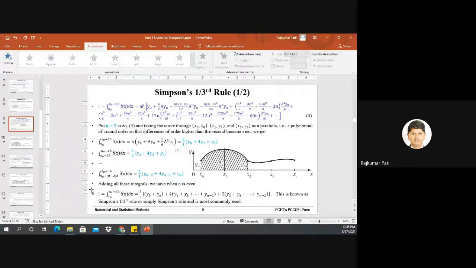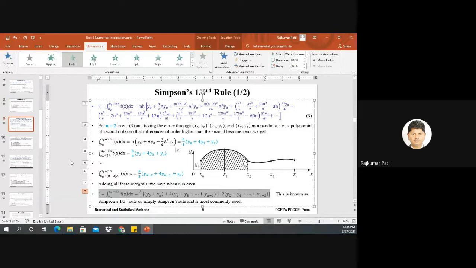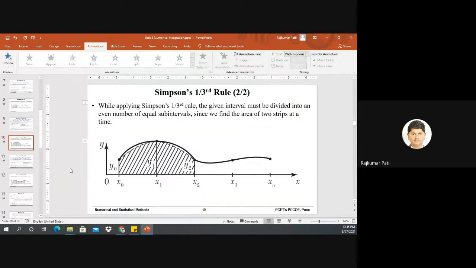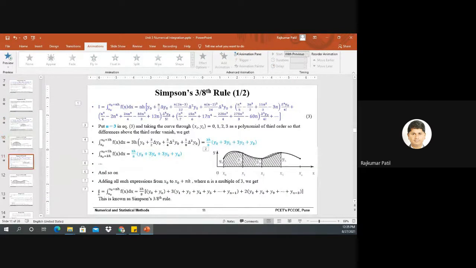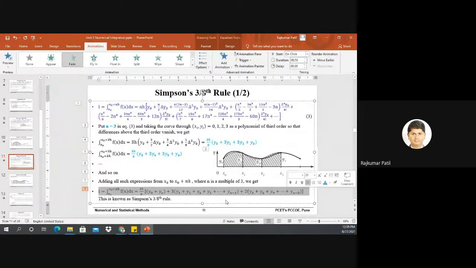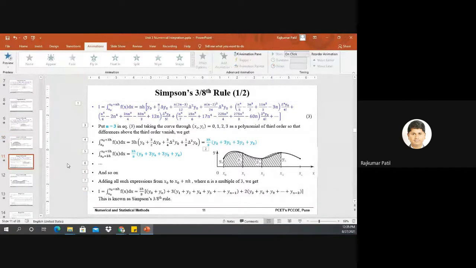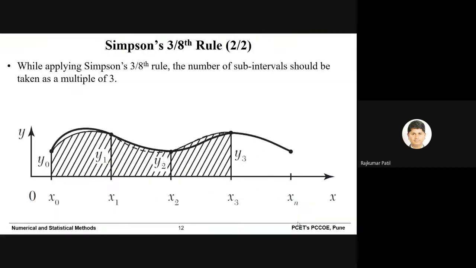Then we calculate the area by using Simpson's 1/3 rule, and again the area under the curve by using Simpson's 3/8 rule. When you put these 3 equations on the same paper, you can easily understand how to calculate the area by using each method and the difference between the formulas associated with it.